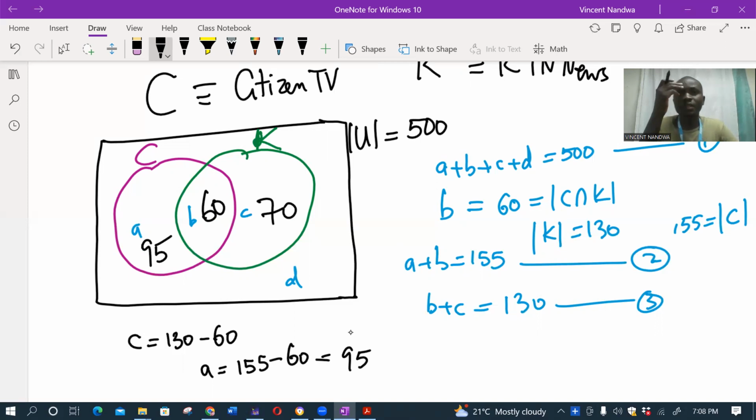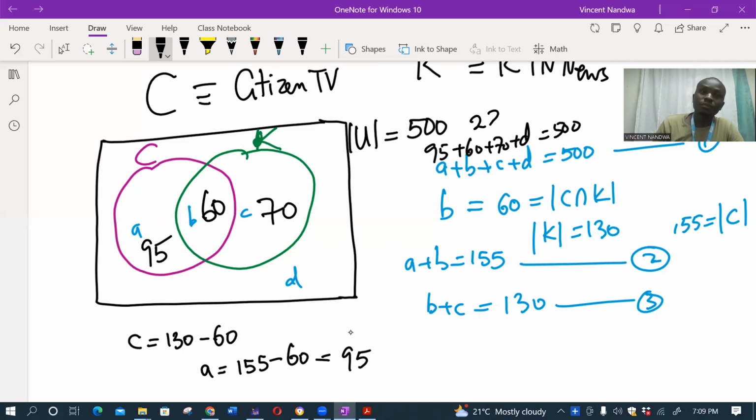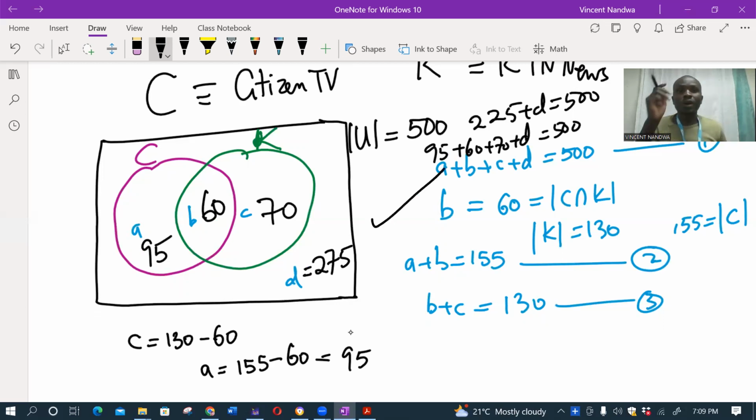To get D is very easy from equation 1 because we know A, B, C. So 95 plus 60 plus 70, 225, plus D equals 500. If I subtract this from 500, I get 275. So this is 275. So the first part, the Venn diagram, is complete.